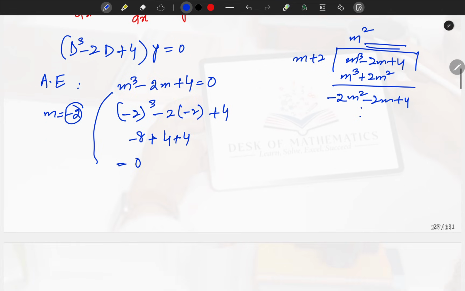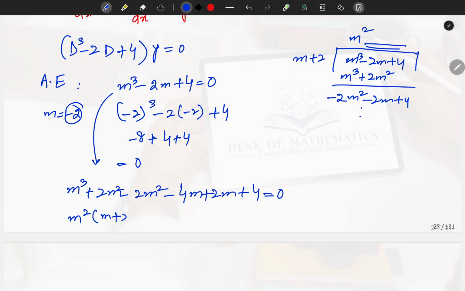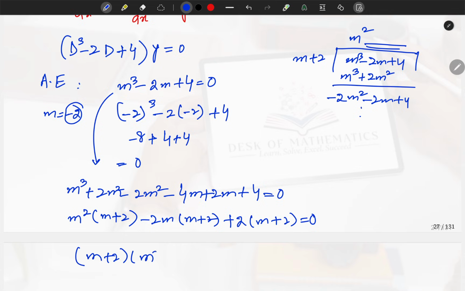Or as you find minus 2 is a root, you can write it this way: m cube plus 2m square minus 2m square minus 4m plus 2m plus 4 is equal to 0. So you can write it: m square (m plus 2) minus 2m (m plus 2) plus 2 (m plus 2) is equal to 0. So (m plus 2)(m square minus 2m plus 2) is equal to 0.